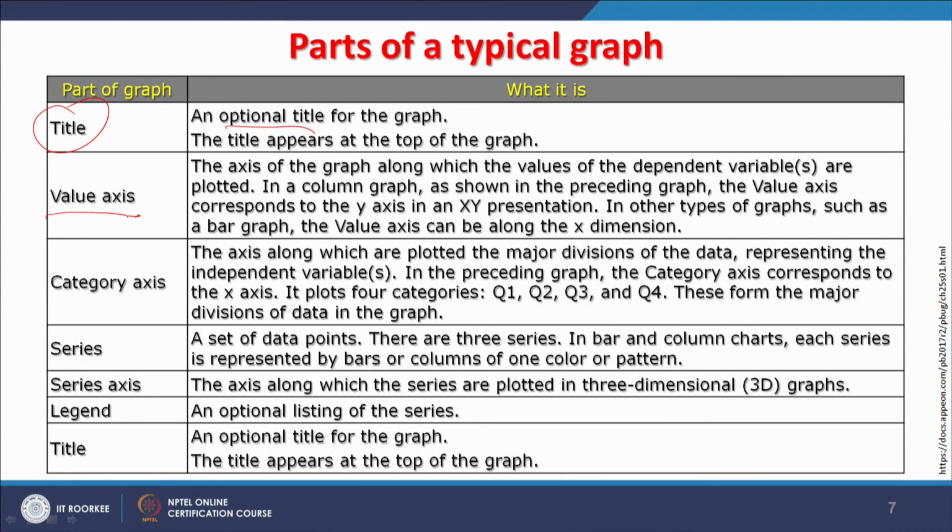Now, these axes, value axis, or category axis, so x, y, z. All these axes should be marked, they should have units, and all appropriate or necessary details should be there along the axis. This is the common mistake people make. They put the information as they fed in the Excel, but the units are missing.